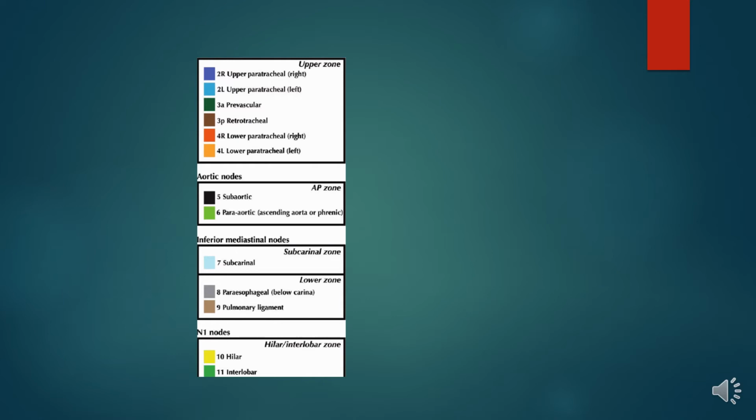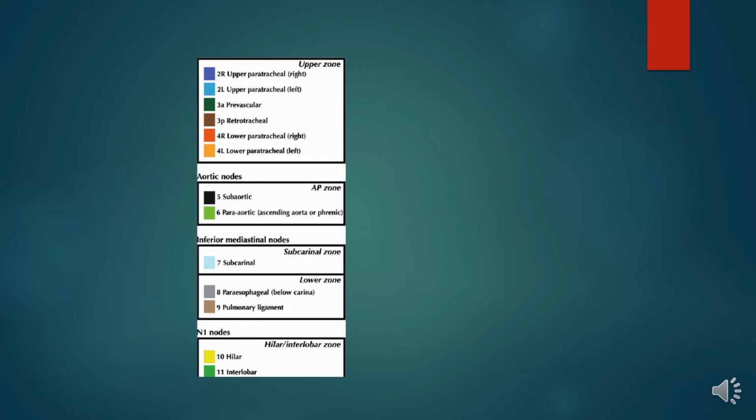And in the aortic region, it's important for suspected left upper lobe lesion, and the nodes are 5 and 6. And in the inferior mediastinal region, transesophageal and pulmonary ligament nodes can be assessed by endoscopic ultrasound.